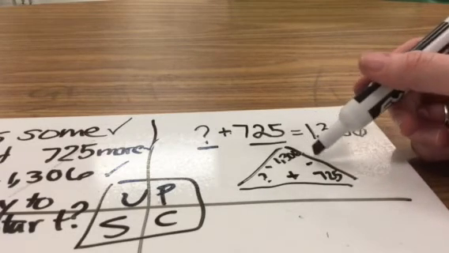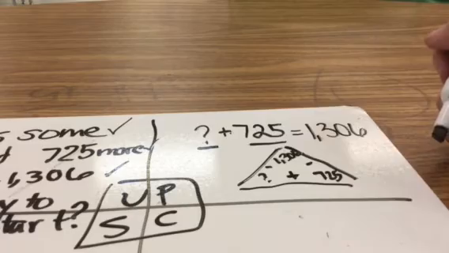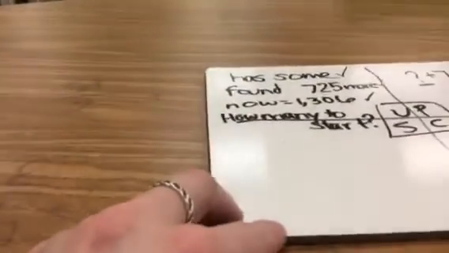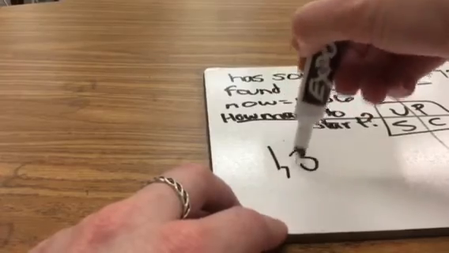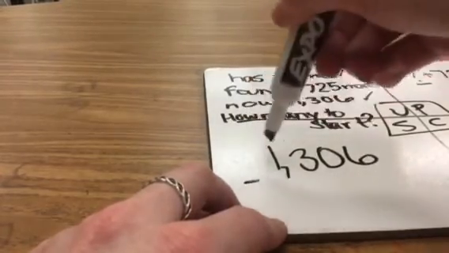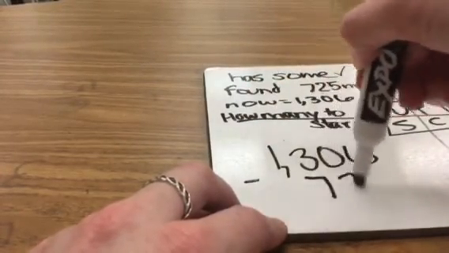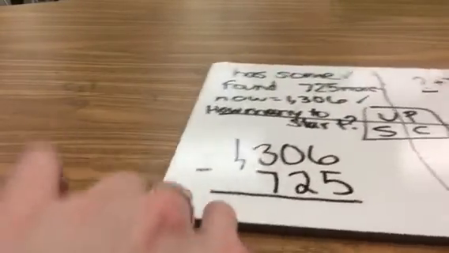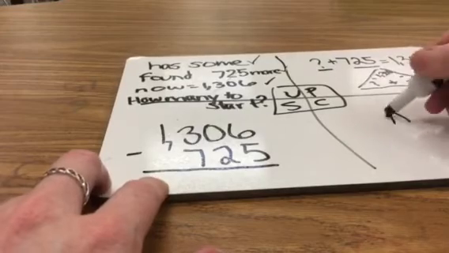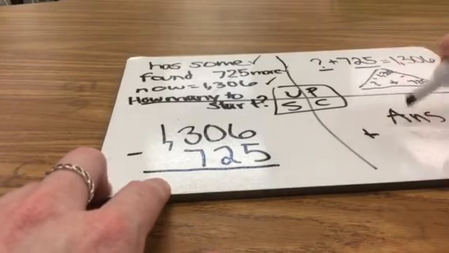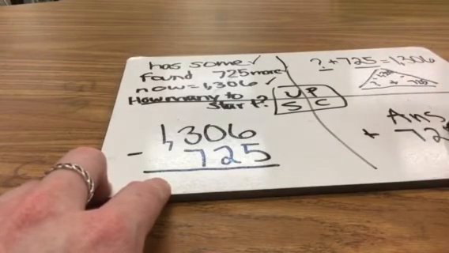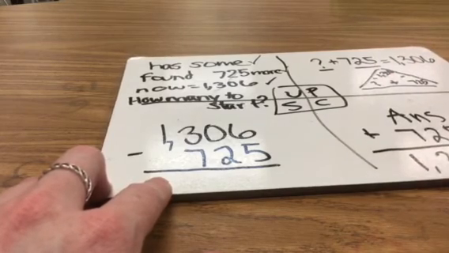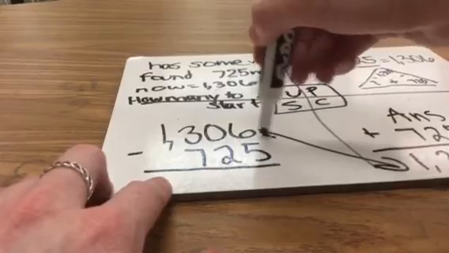So we would do 1,306 minus 725 to get our answer. And in order to check that, you're going to do your answer plus 725, and hopefully you get 1,306 if you did it correctly.